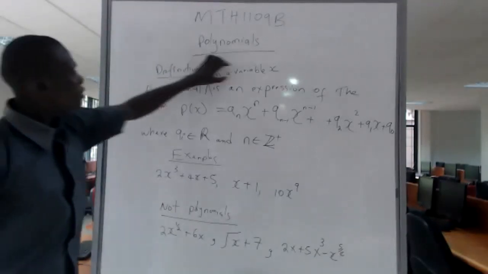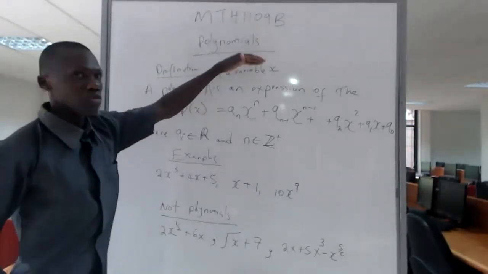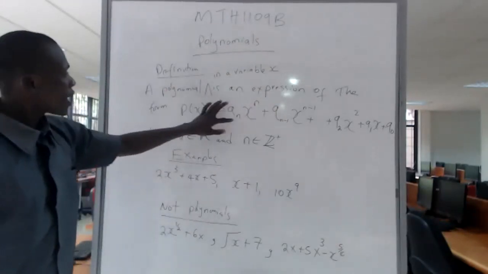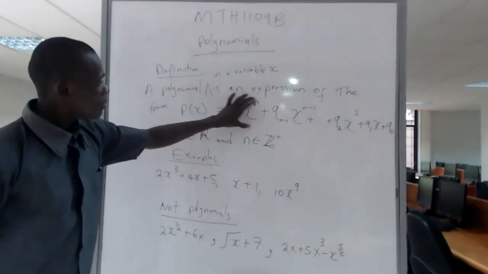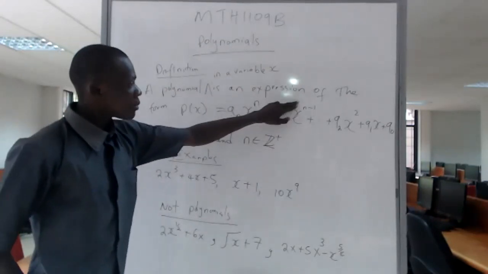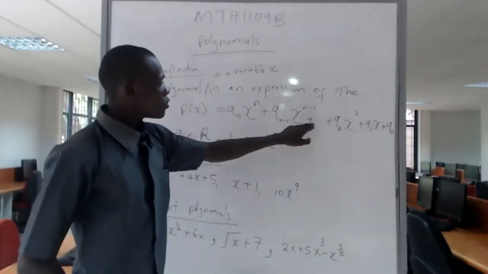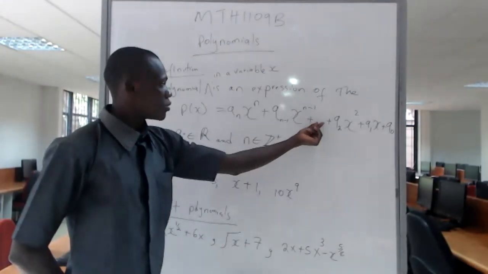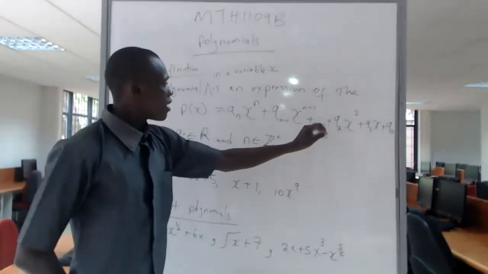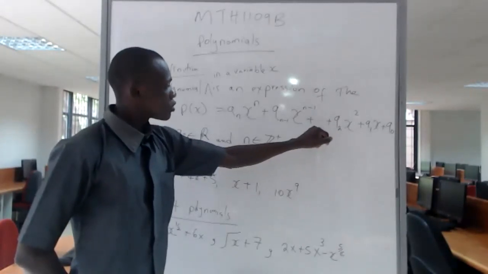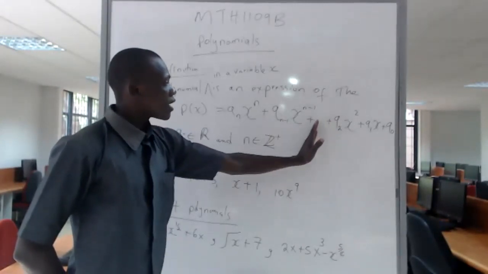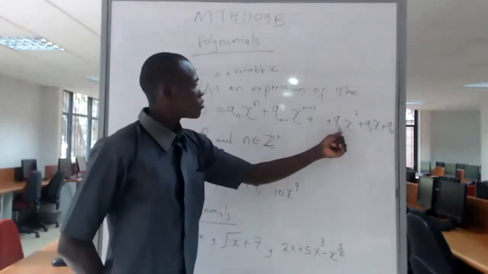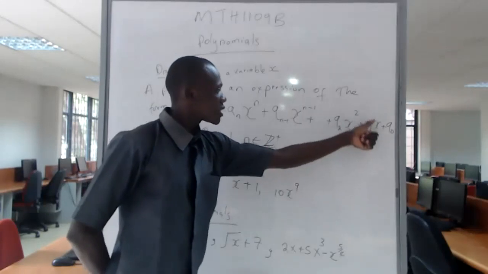A polynomial in a variable x, which could be known or unknown, is an expression of the form p(x) = a_n x^n + a_(n-1) x^(n-1), and then this dot means you continue. There are more terms. So you will have a_(n-2) x^(n-2), a_(n-3) x^(n-3), all the way up to a_2 x squared plus a_1 x plus a_0.